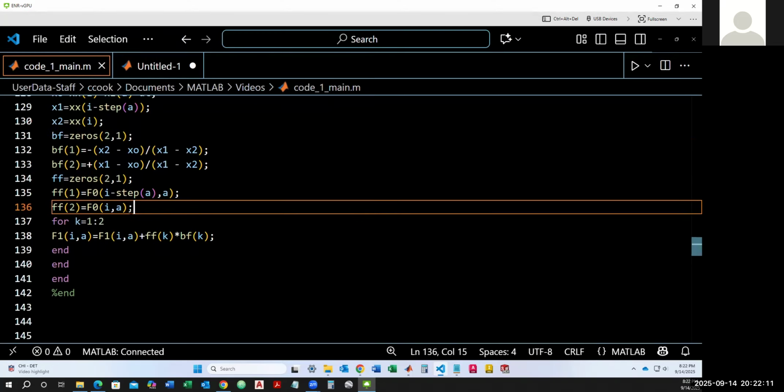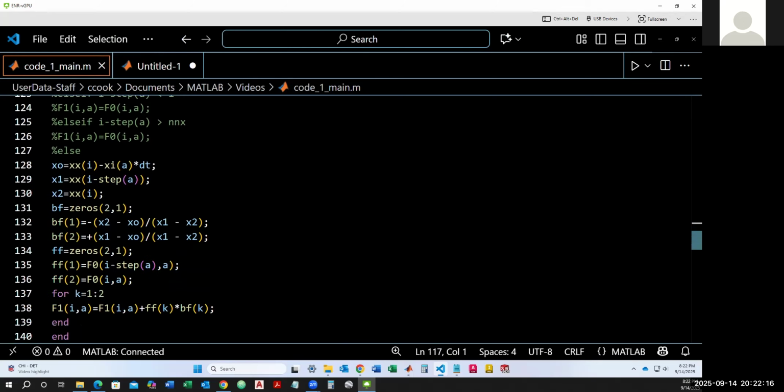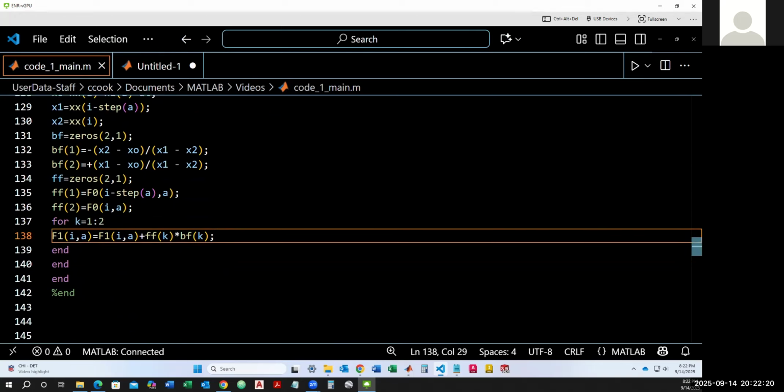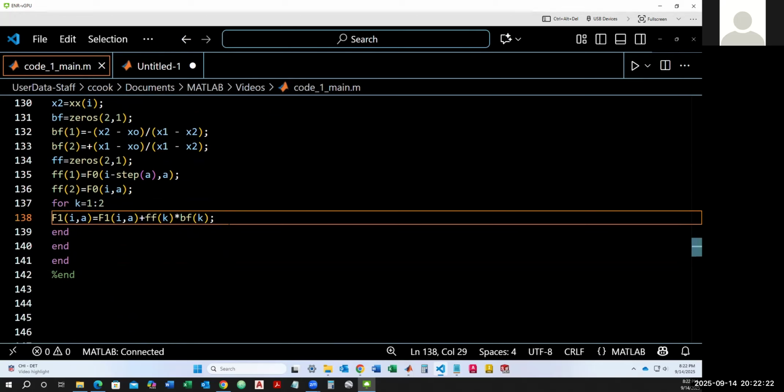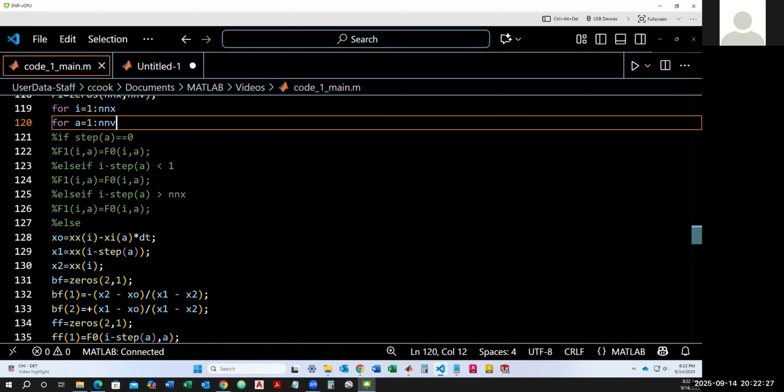Okay, so I'm going to say F1 equals F1 plus FFK times BFK, because I initialized F1 as a matrix of 0. So each nodal value times the basis function, right?